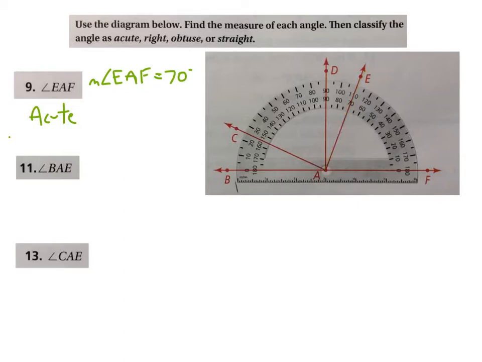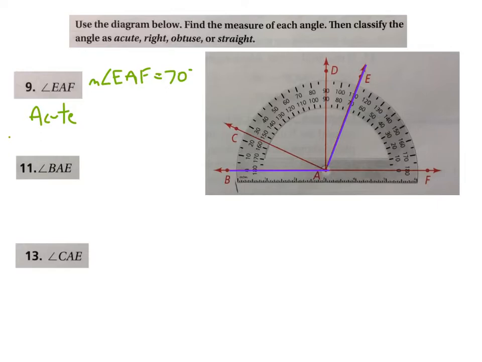Okay, so the next one that we'll do is BAE, and that's going from B to A and then to E, like that.